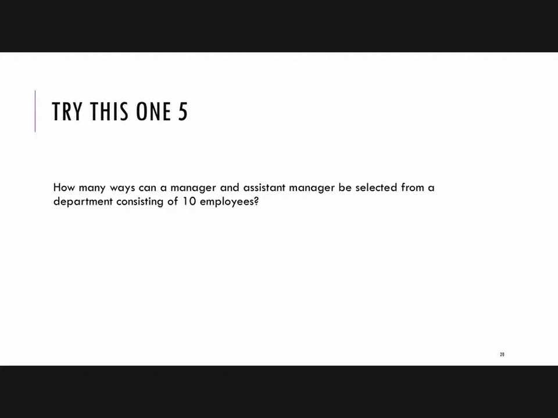Here's another one. In how many ways can a manager and an assistant manager be selected from a department consisting of 10 employees? Here we have 2 choices to make, manager and assistant manager.